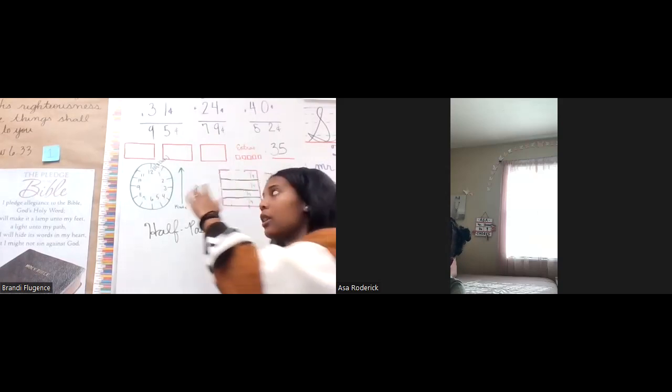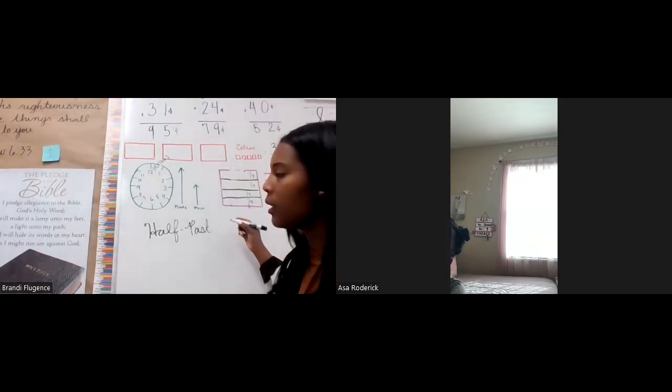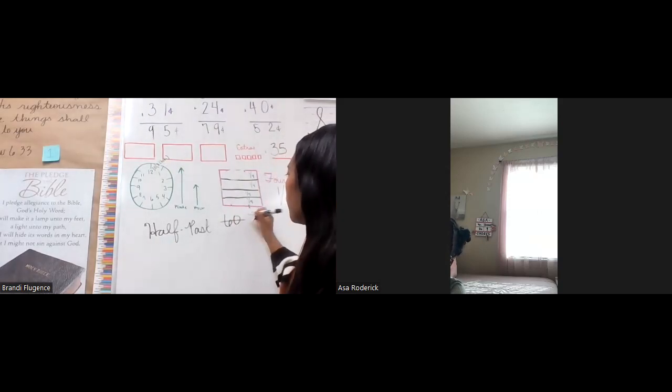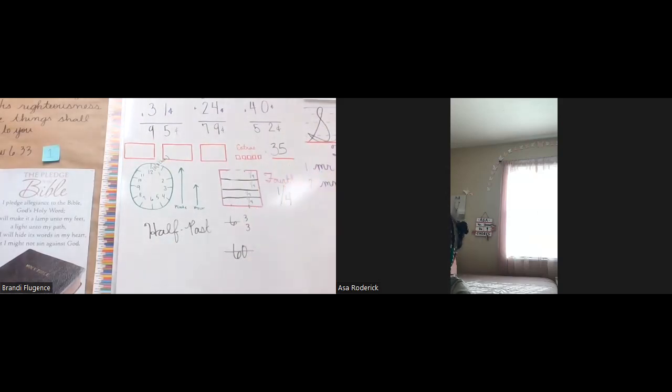It's not the full hour yet, 12, but it's halfway. So half of 60, sorry. Think about the number 6. Half of the number 6 is 3. Think about 60. What do you think will be half of the number 60? Asa?